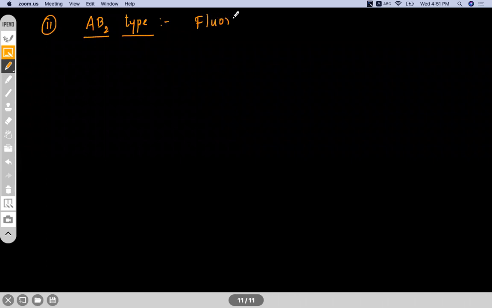This fluorite and antifluorite both are important. Write down, example of this we have, very common and important example: AB2 type, so CaF2 molecule.